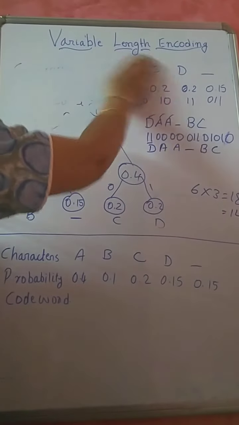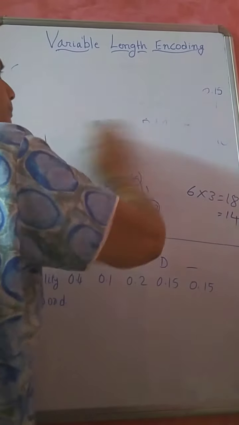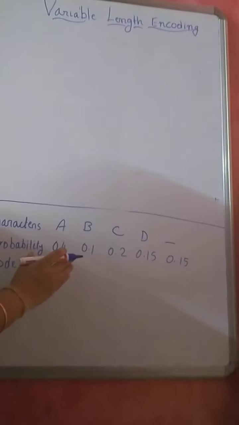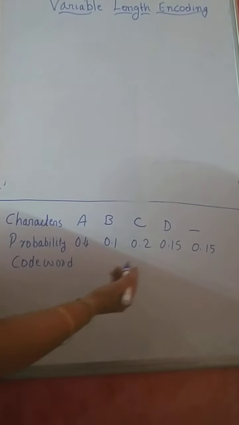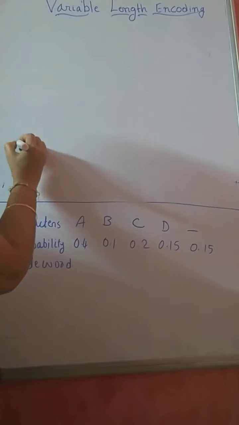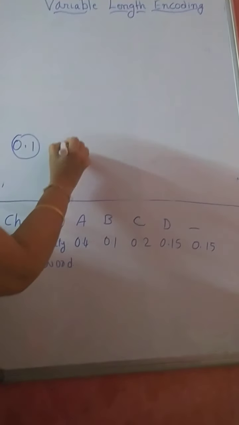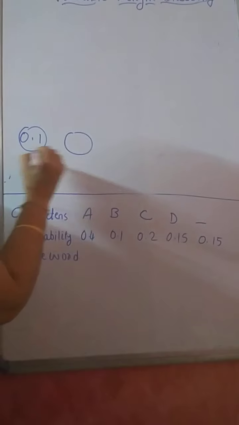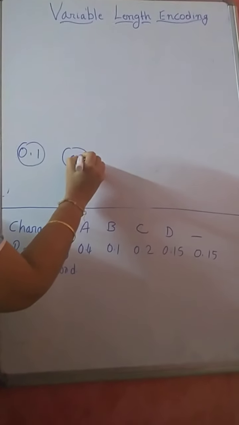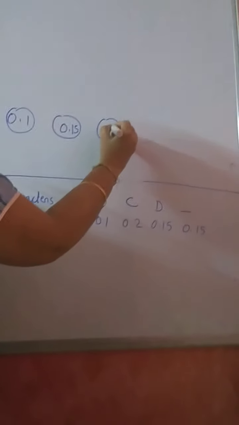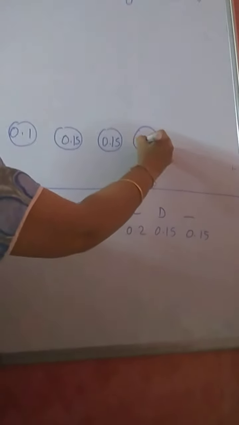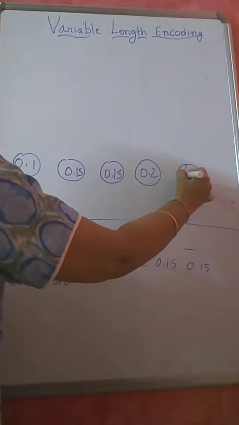So we will consider one more example for the same thing. Consider this particular example. Now you just keep 0.01 on one side, 0.015, 0.15, 0.2, 0.4.